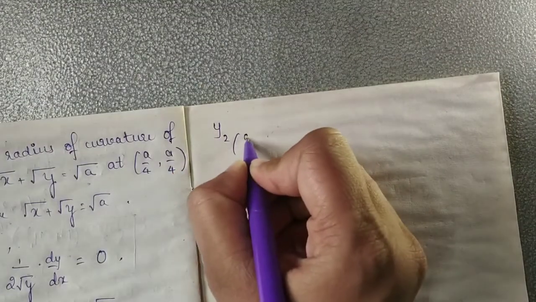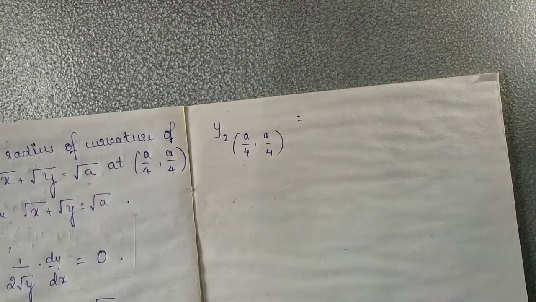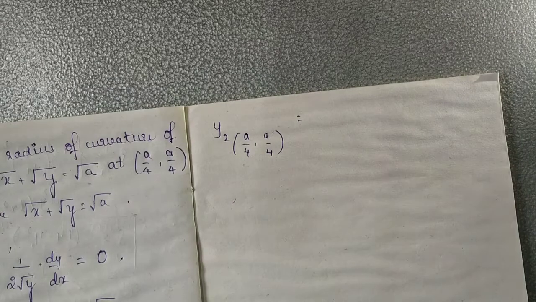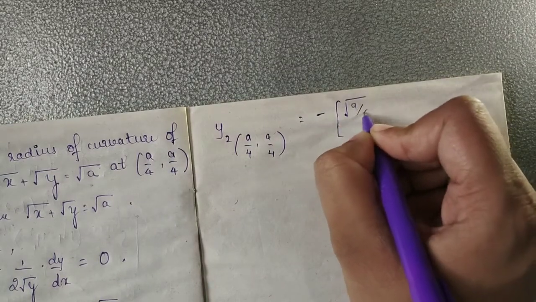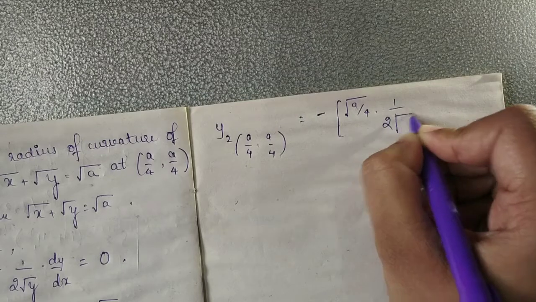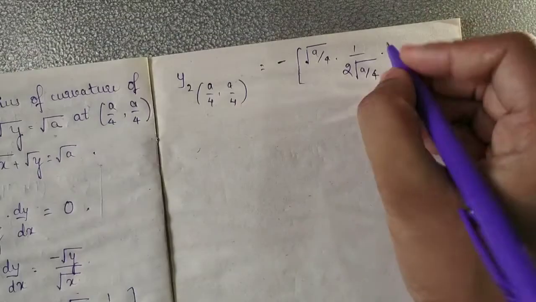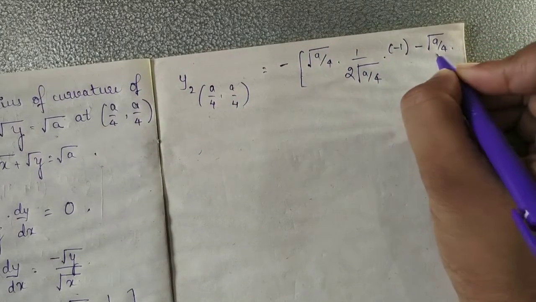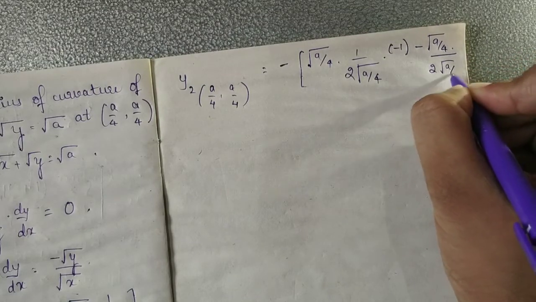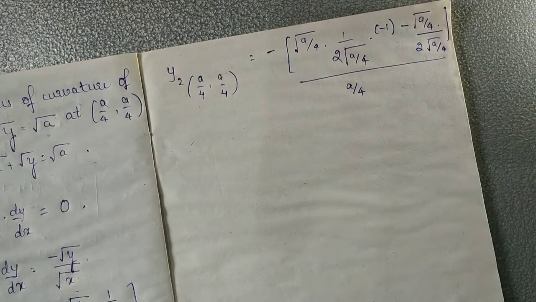Similarly, y2 at the point a by 4, comma a by 4 is minus root of a by 4 into 1 by 2 into root of a by 4 into y1 at the point, which is minus 1 into minus 1, minus then root of a by 4 divided by 2 into root of a by 4 divided by x, the value of x is a by 4.